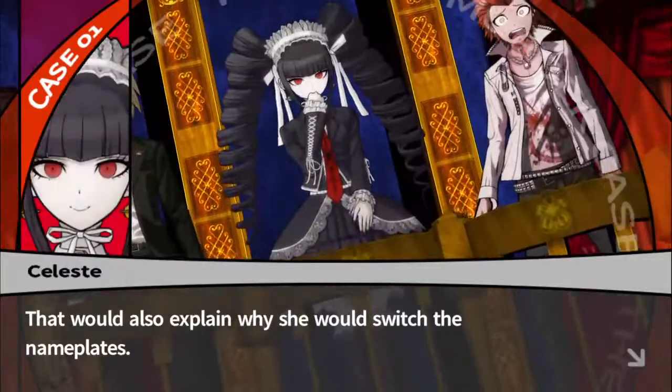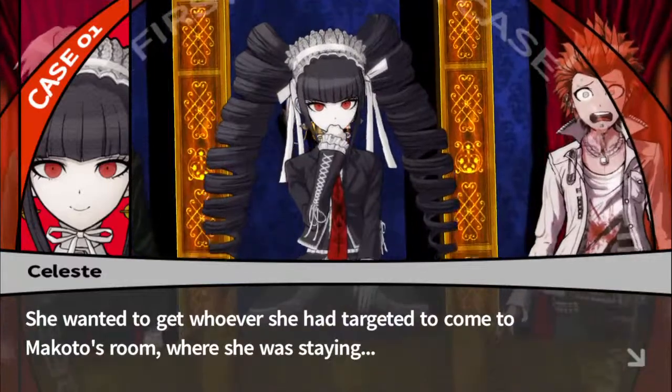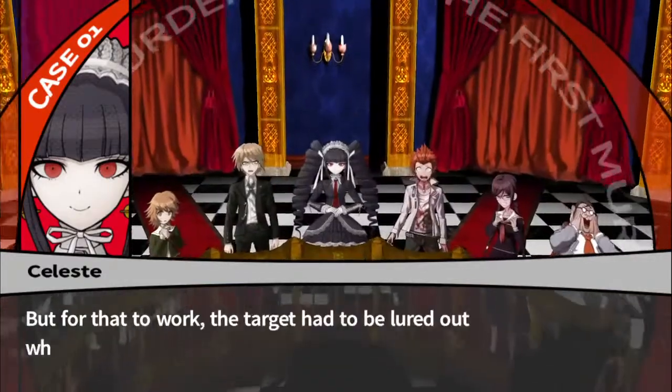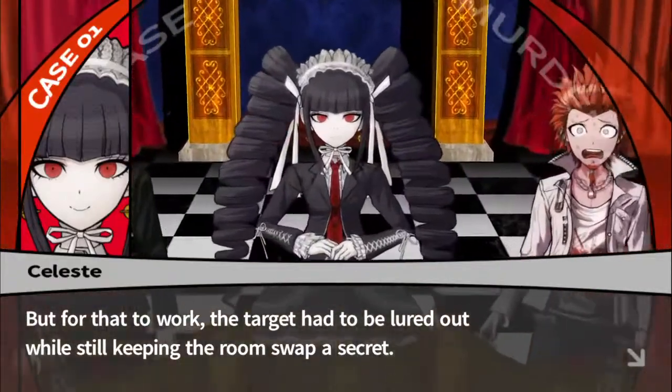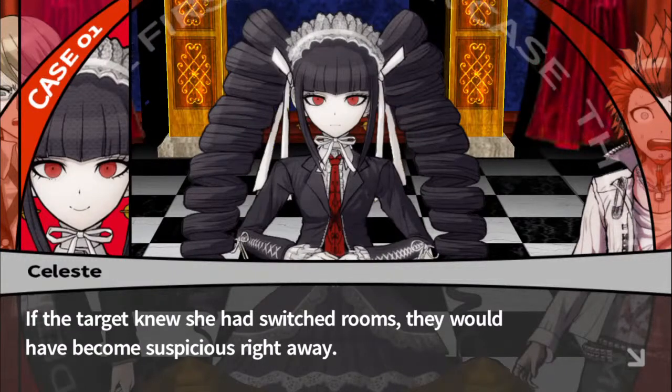That would also explain why she would switch. She wanted to get whoever she had targeted to come to Makoto's room and commit the murder there instead of her own. But for that to work, the target had to be lured out while still keeping the room swap a secret. If the target knew she had switched rooms, they would have become suspicious right away.